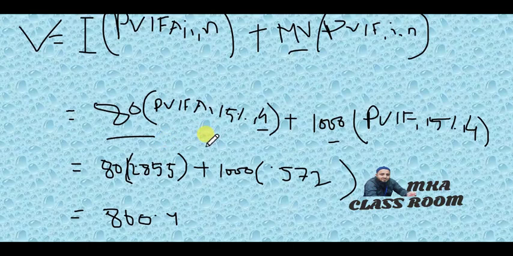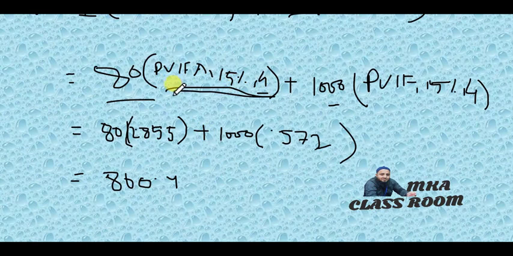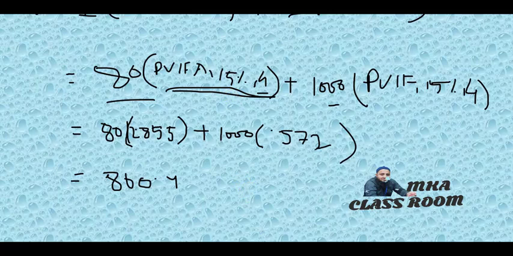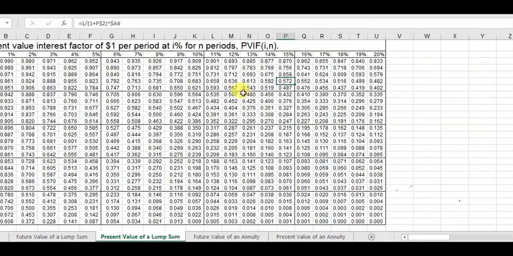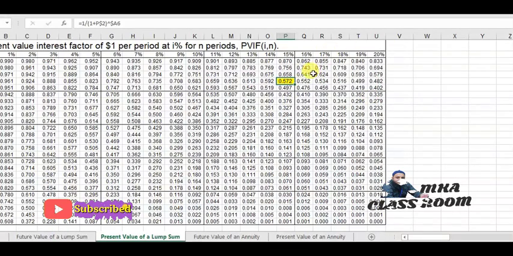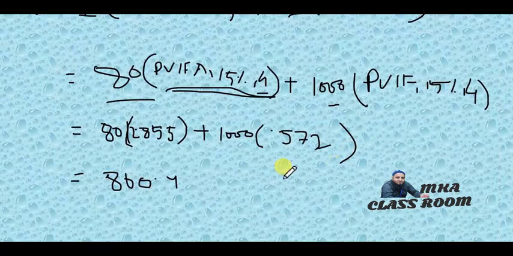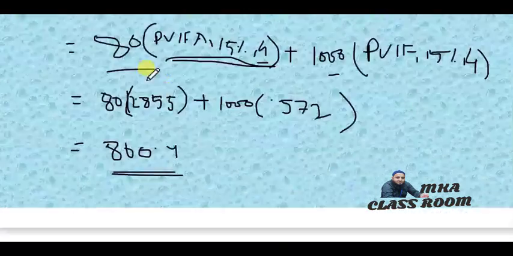So we find this value from our table. Here is the table, the present value annuity factor, here is the value. If we find this value, and for the lump sum amount, the present value, this is the value. Then if we put these values into our model, we can find 800 taka. 800 taka is its value.